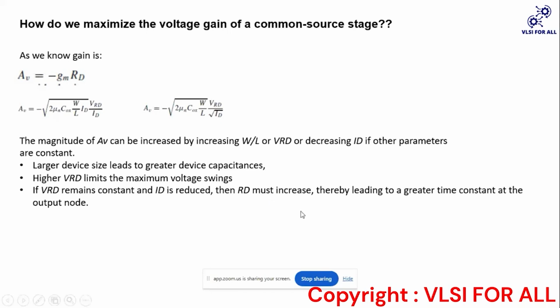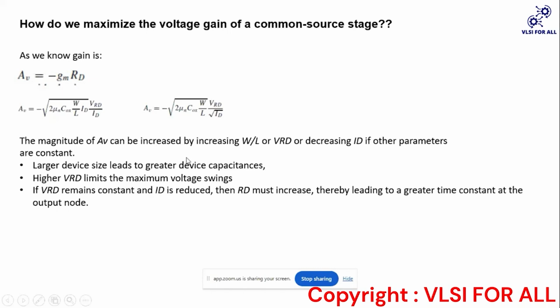Because of that, the time response of the circuit will get affected. The more it moves near to the origin, the more time our circuit takes to settle down. Because of this, we get a greater time constant at the output node. So we are not going to decrease ID. This is the limitation of this circuit.